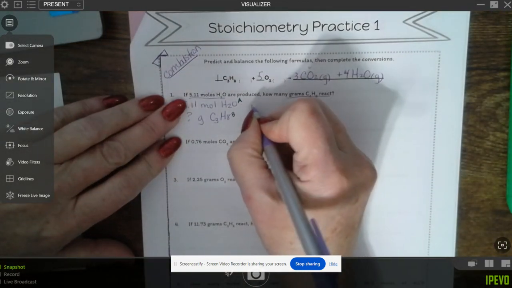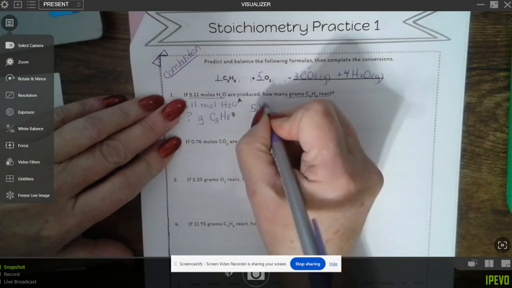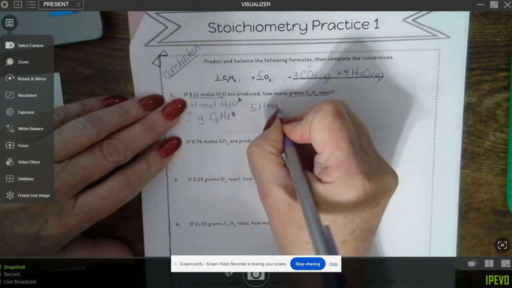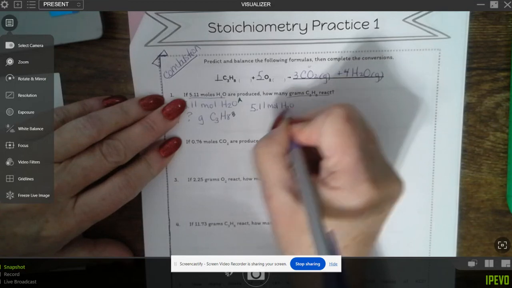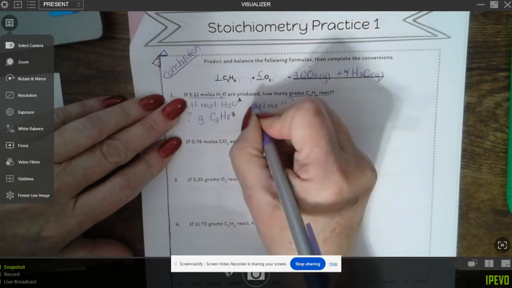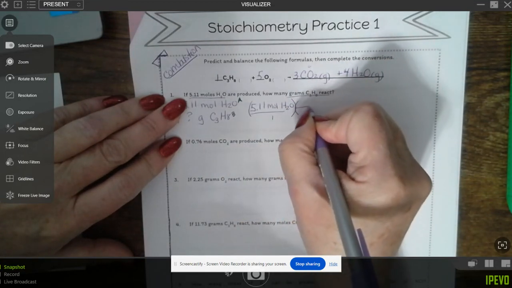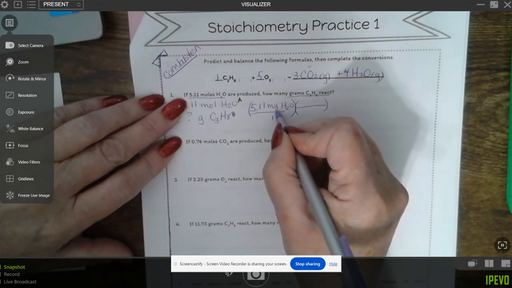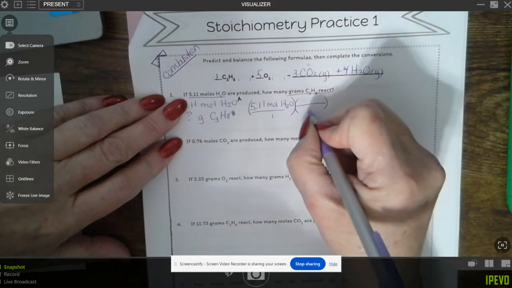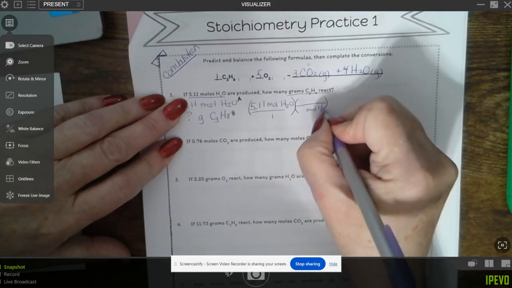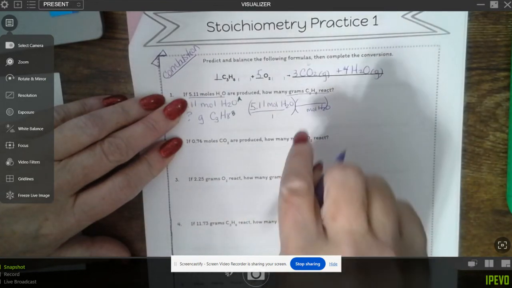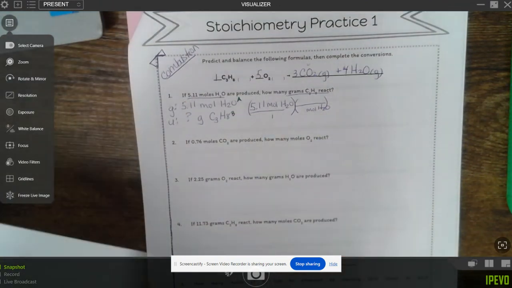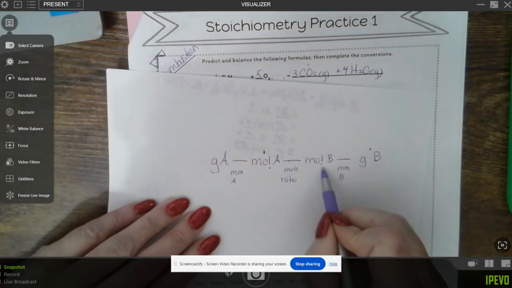So I have 5.11 moles of H2O over 1. Remember, using dimensional analysis, the units that we start with are always going to come down diagonally. So moles of H2O. And then on top, we're going from moles of A to moles of B.